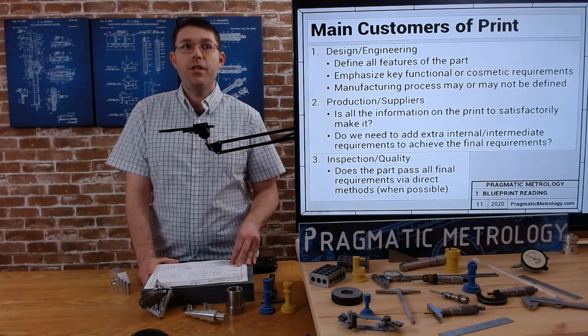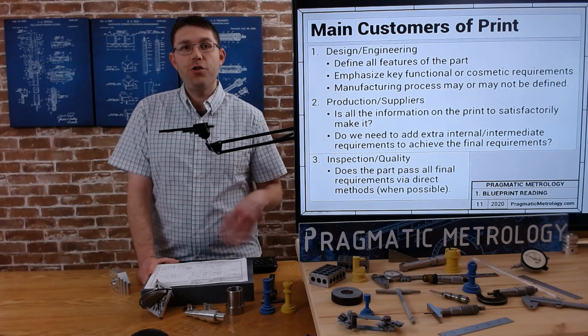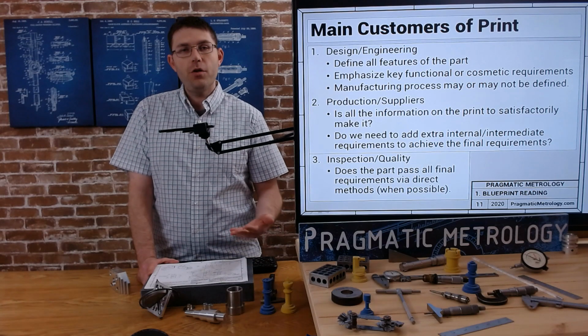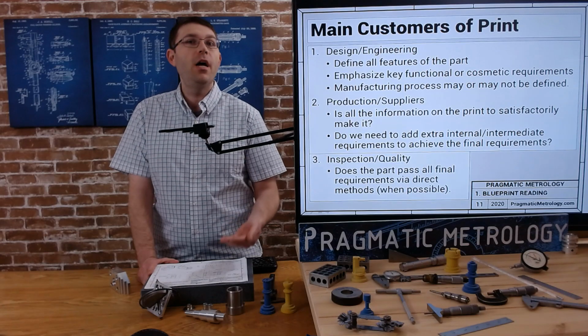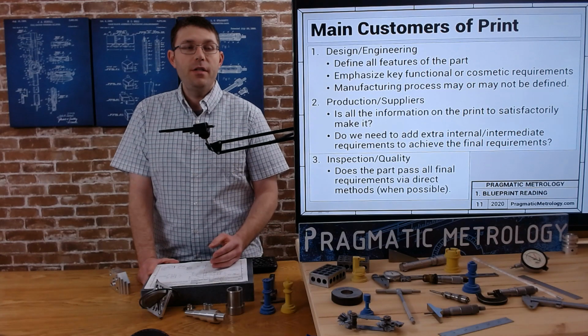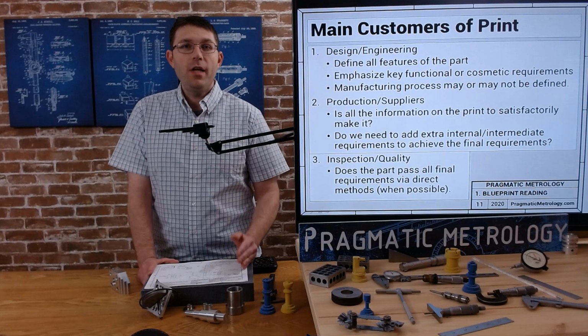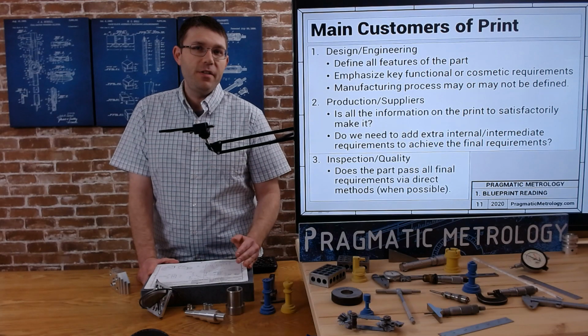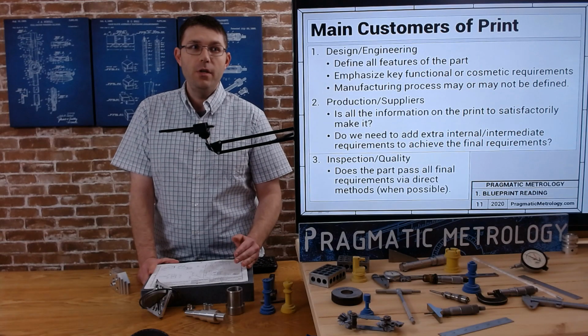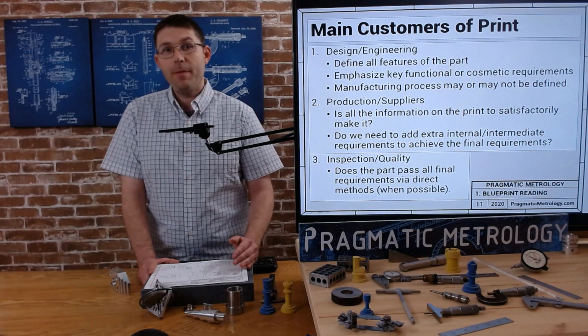Those are always discussions that should be had when a print has a requirement that looks like it's either going to be beyond the capabilities of the manufacturing process, which is not as likely. What's more likely is it's within the capabilities of the manufacturing process, but it's going to require excessive controls. It's going to be very expensive.